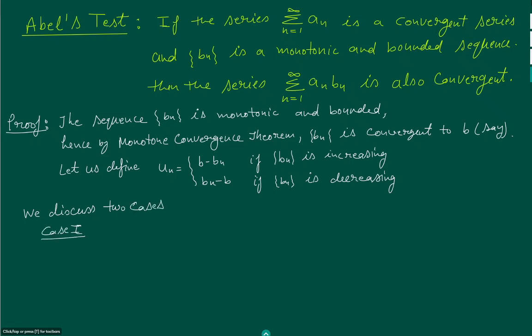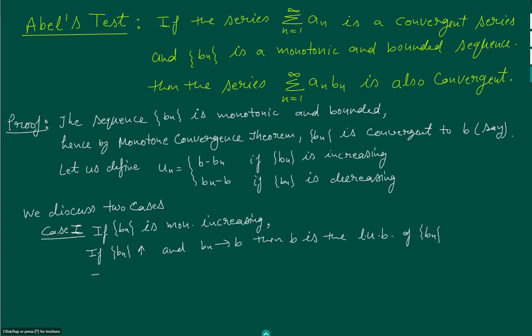Case 1 is if Bn is an increasing sequence. In that case, Un is defined to be B minus Bn. Bn is monotonically increasing and Bn converges to B. So B has to be the least upper bound of the sequence Bn.